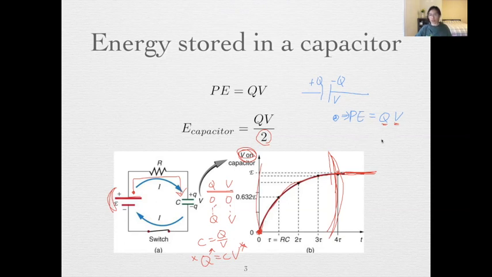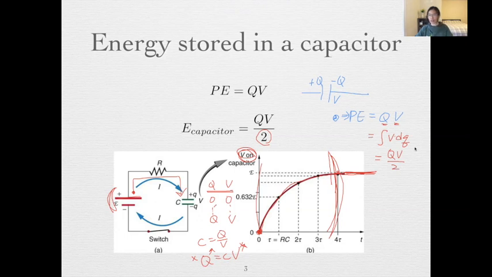So if you keep track of all the changing voltage and the changing charges and then do an integral to add them up, eventually you'll get QV over 2. So that's where this factor of 2 is coming from.